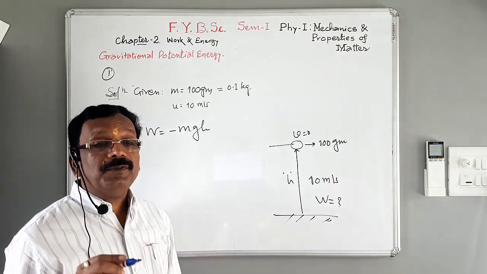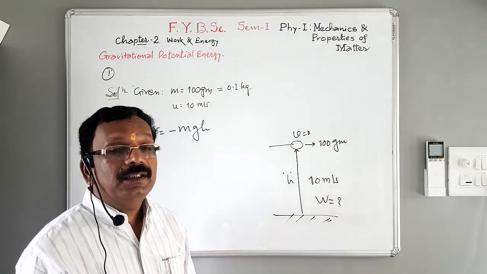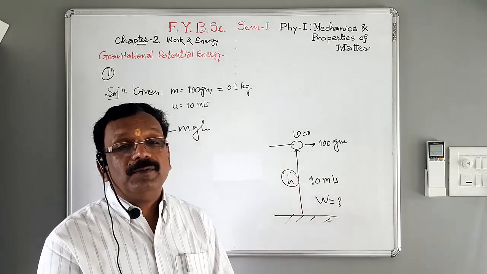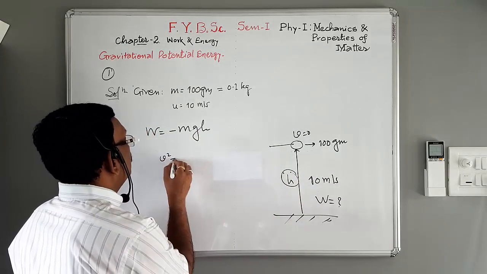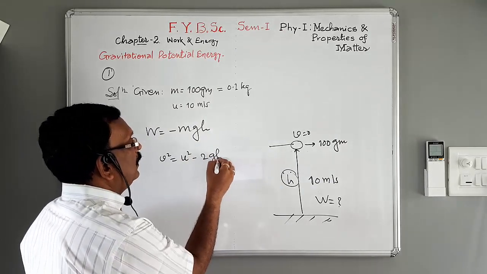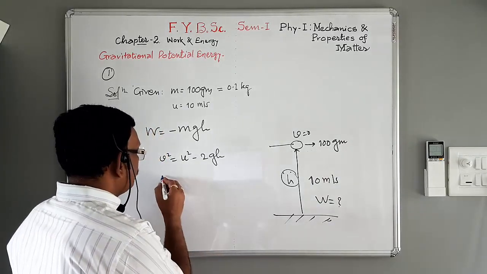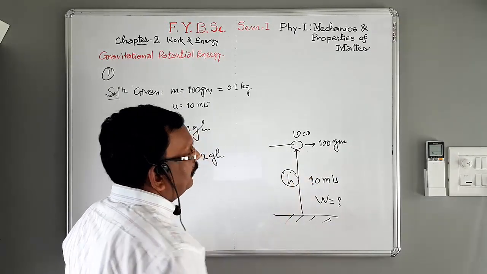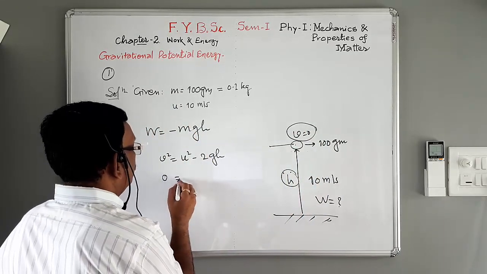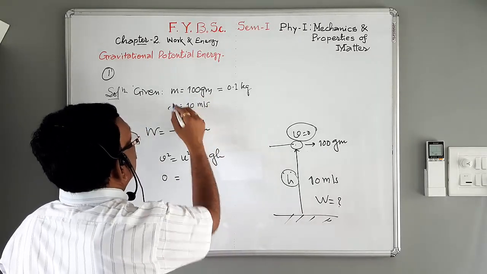Now the maximum vertical height may be calculated. The maximum vertical height h may be calculated by using the formula v square is equal to u square minus 2gh. This is a very popular formula. You studied this formula in 12th science. Here, when the particle reaches the maximum height, the final velocity is equal to 0. Square of 0 is 0. And what is the initial velocity? u, 10.